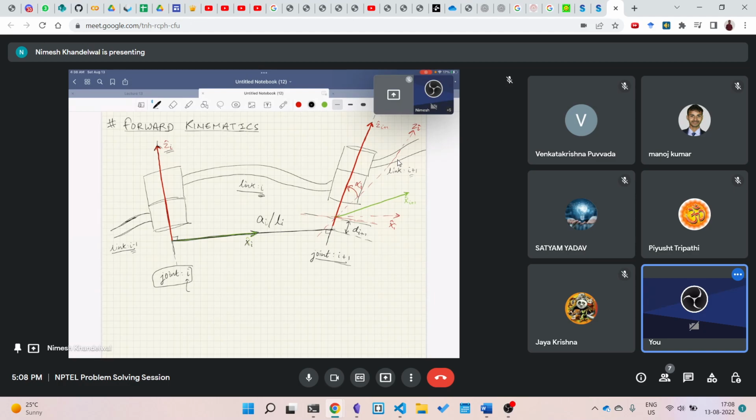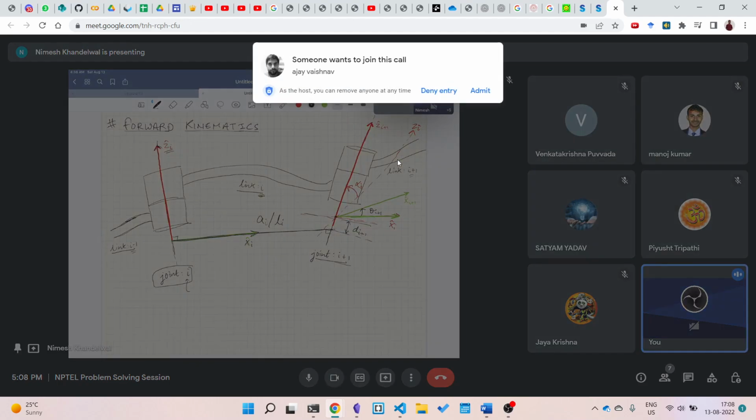Since Xi and Zi are vectors, I just shifted Xi to make it easier to measure distances and parameters between them. This is what I'm calling theta I plus 1. What else is remaining? Nothing, right? Now all of you can see this figure.